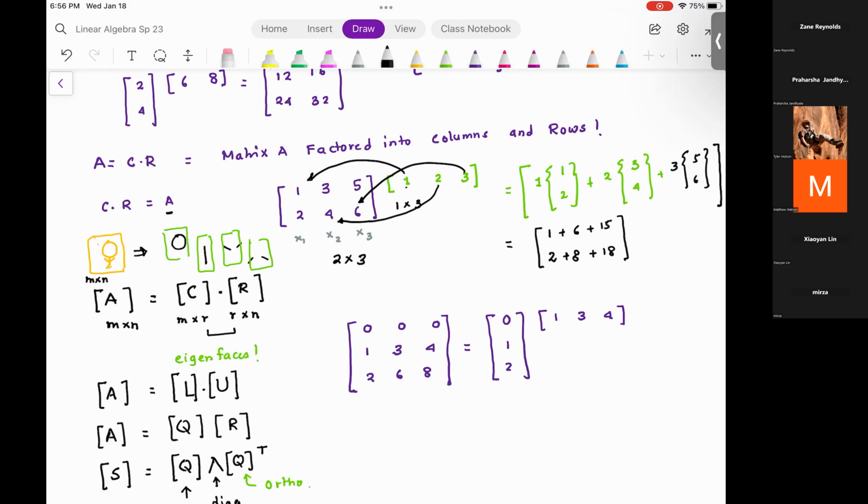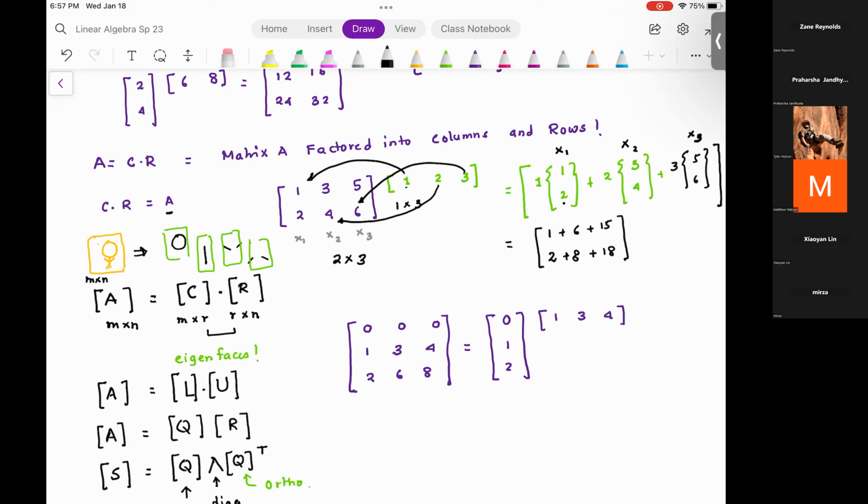I should have explained it a little bit better. You have these basis vectors x1, x2, and x3, and these are the respective weights on those basis vectors.